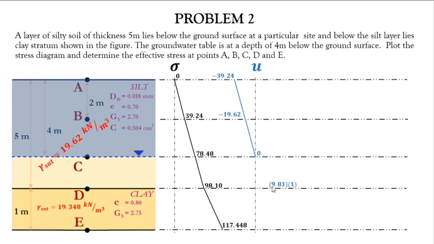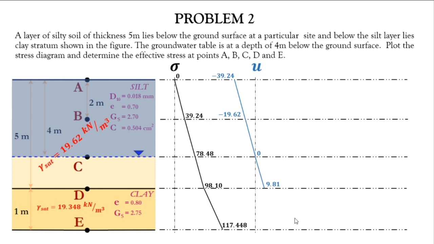So dito sa point D, that is 9.81 pa rin para sa unit weight of water times the distance of that point, point D, papunta sa groundwater table, that is 1. Ito. Kaya naka-multiply siya sa 1, giving us 9.81.